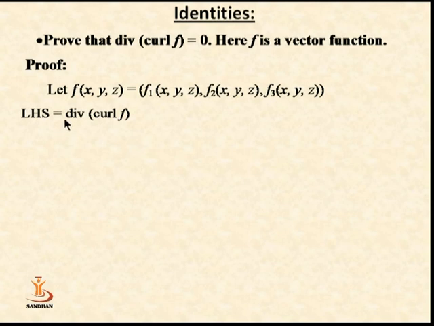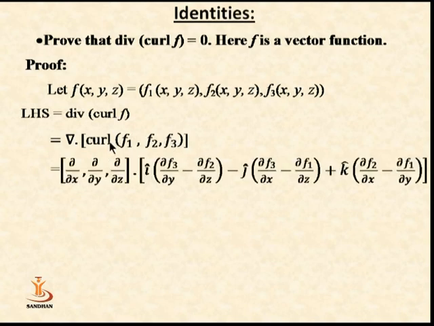Thus, left hand side, divergence of curl F. First we write curl F and the definition of del. Divergence means del dot curl F, where F is f1, f2 and f3. Curl means the cross product with respect to x, y, z of the function f1, f2, f3.